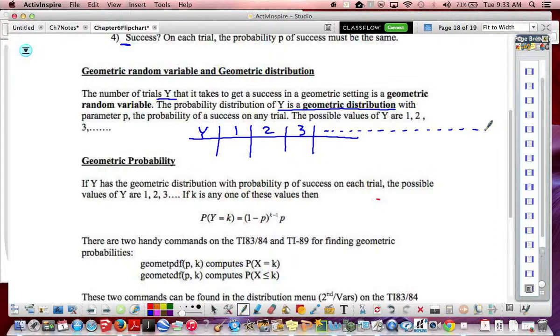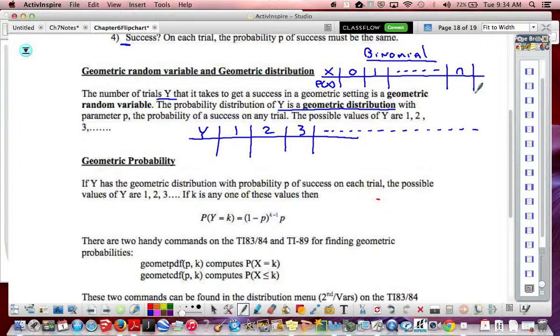In a binomial distribution, if I use x and p of x here, you start at 0 and go 1, and you stop at n. That's the difference between the two.